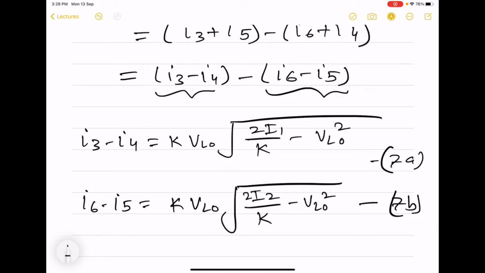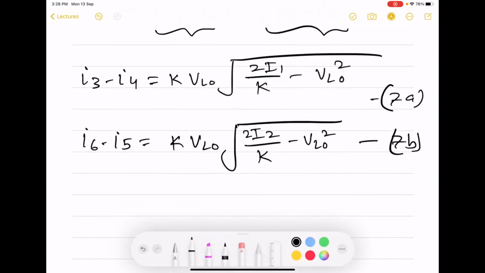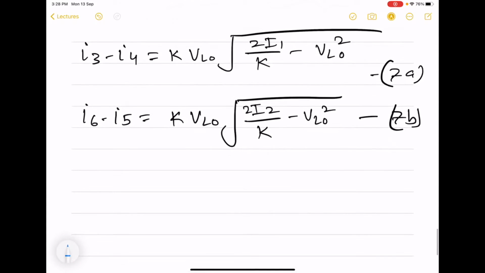So here we will do some manipulation. We will try to write I1 and I2 as perfect squares, because they are ultimately appearing under the square root sign. So it will be easier to do the manipulation. So we are going to take a slight diversion.